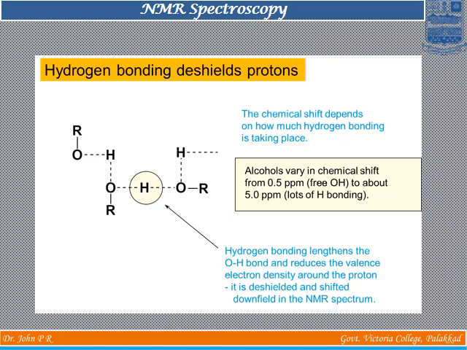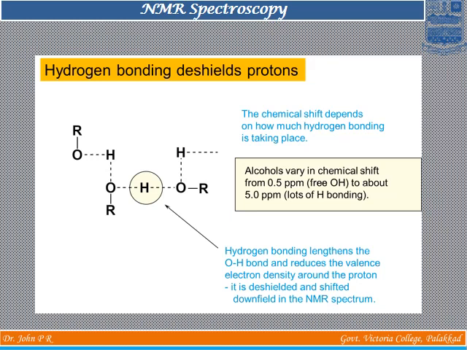The electron density around hydrogen gets diminished, and therefore we can consider that hydrogen is de-shielded. The hydrogen is de-shielded, and the NMR signal is shifted downfield.